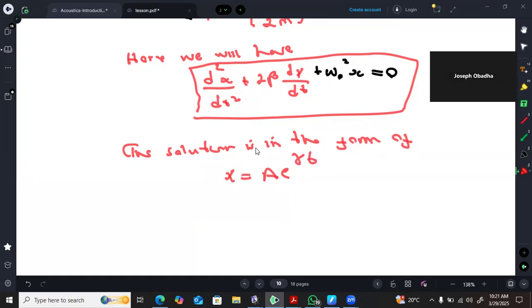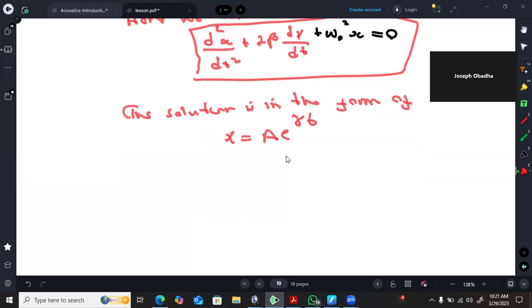If we know the solution is in this form, then we are able to bring x here. We have d squared x by dt squared.